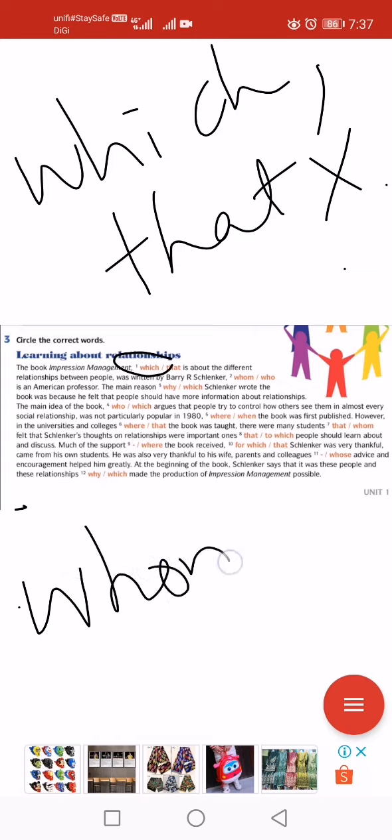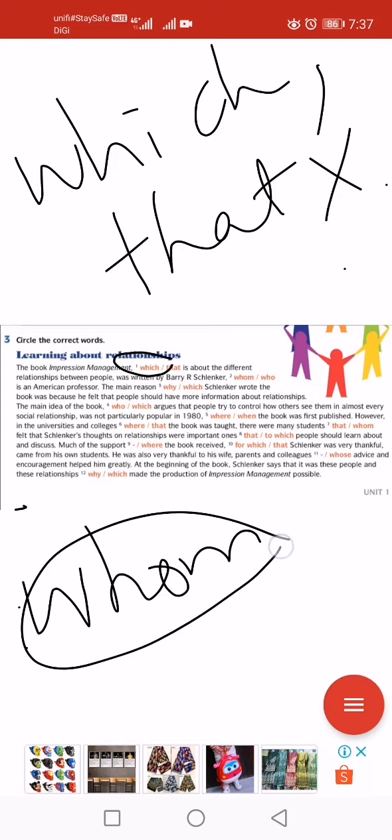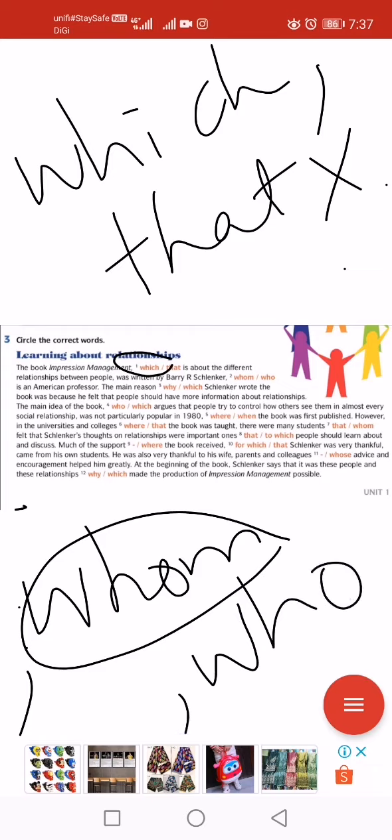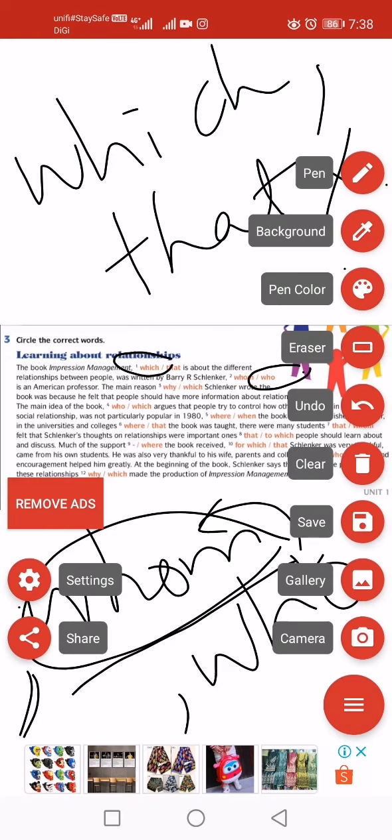In number 2, if you want to use whom, it cannot be after a comma, whereas who can be after a comma. So the correct answer here is who. Who is an American professor. Who and whom are almost the same, but just remember that whom cannot be after a comma, whereas who can.